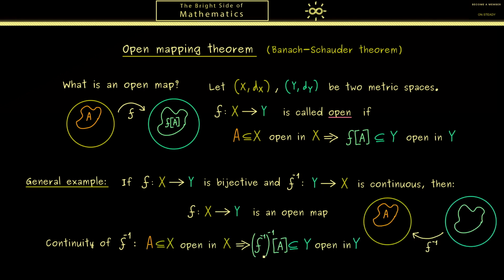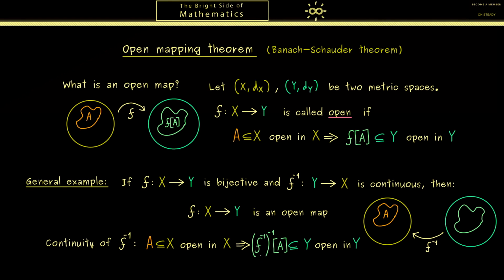Of course, everything looks very similar. Here you see we have the inverse map from Y to X. Then we take a subset A in the space X, which is on the right hand side of the inverse map, but on the left hand side in the picture, so don't get confused here. Then we go to the pre-image, which is here again denoted by the power minus 1.